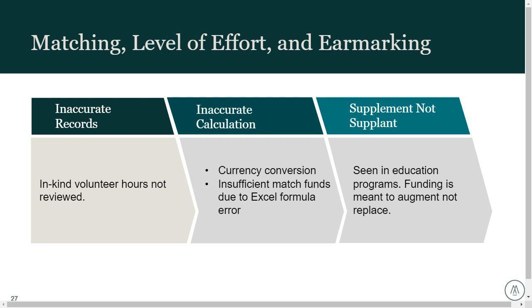Regarding inaccurate calculations, I think currency conversion may not be applicable to some of you, but if you do have any sort of foreign currency, make sure those conversions are completed. And then, of course, if you're using any Excel files as a tool to complete your matching, just double-check that the logic embedded within your Excel or whatever you're using to do those calculations is accurate. It's garbage in, garbage out, so you've got to check all the things before you start relying on it.